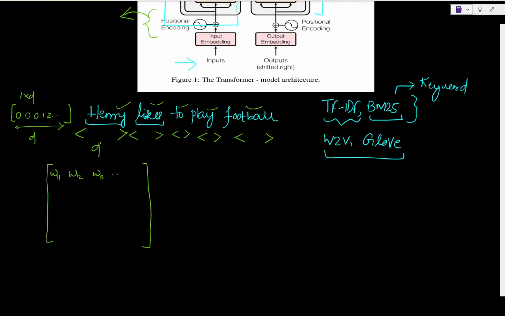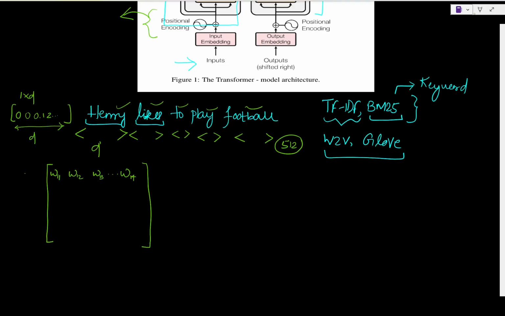For simplicity's sake, let me just assume that all the words have dimension 4. Obviously, that will not be the case. I think in the original paper, they had a dimension of 512 or something. But regardless, this is just for understanding purposes. We can, of course, tweak the dimension of representation. That just depends on our choice.